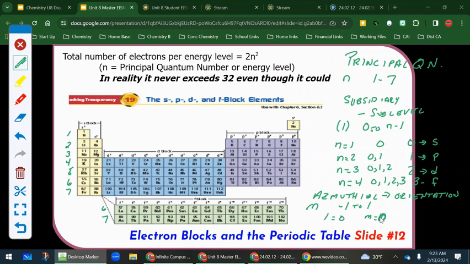Now, if your L value equals 1, now the M's are -1, 0, and 1. 3 orientations, 3 ways in space to look at the shape of that sublevel.